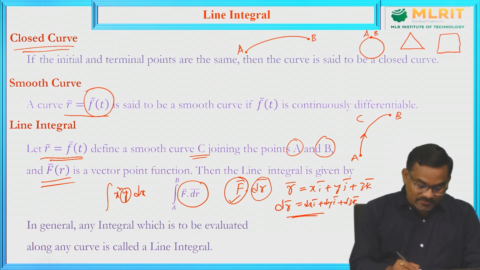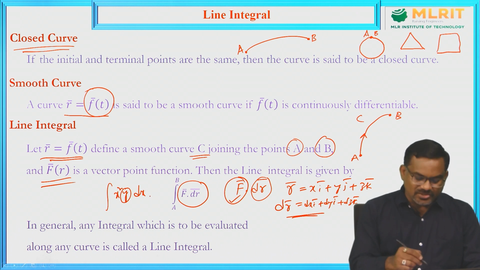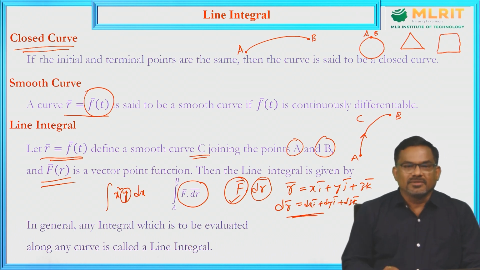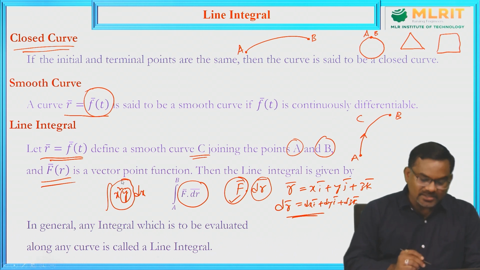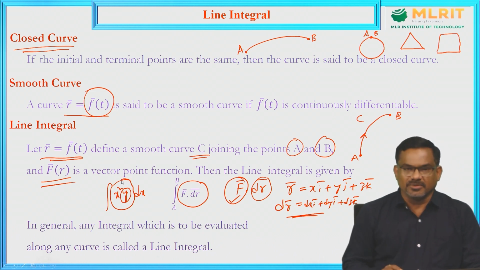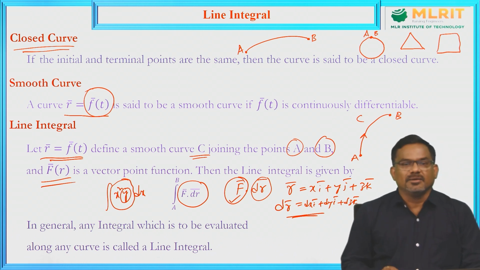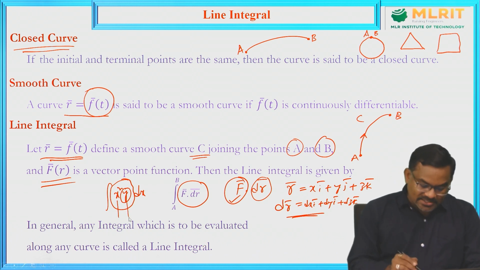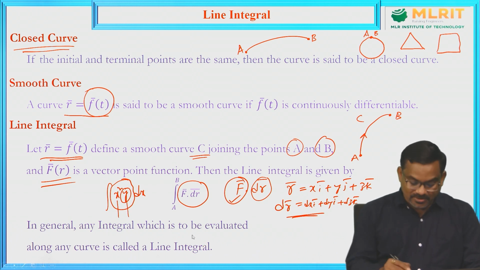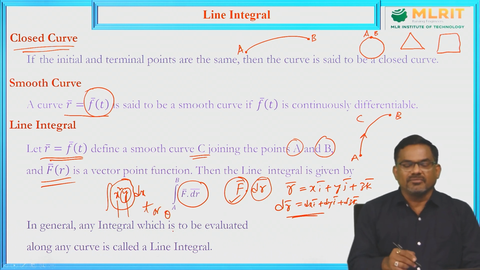For example, if we are integrating with respect to y, then transform x to y. Our ultimate aim is to write this function in the form of a single variable. Then only is this integral possible. Sometimes we transform both x and y in terms of another variable like t or theta. Write x in terms of t, y in terms of t, and find the limits of t and integrate. So like that we evaluate the line integral.